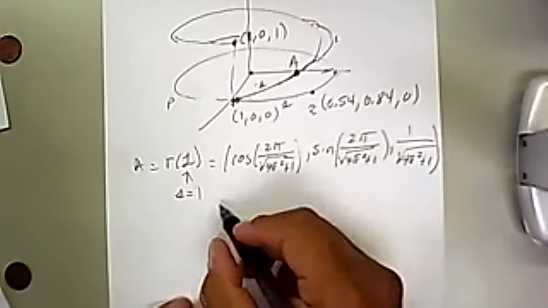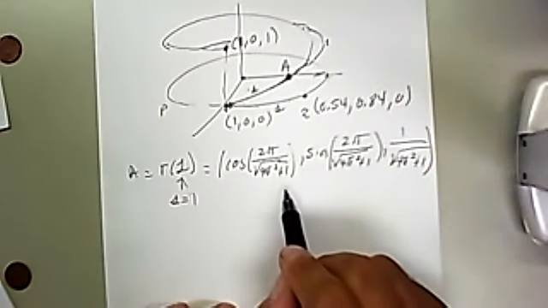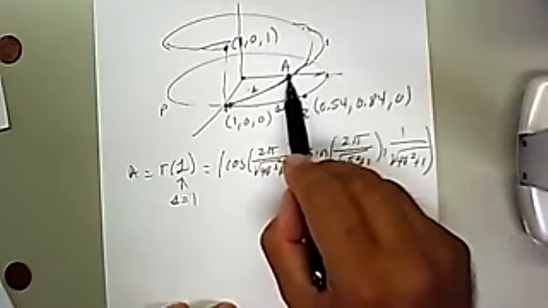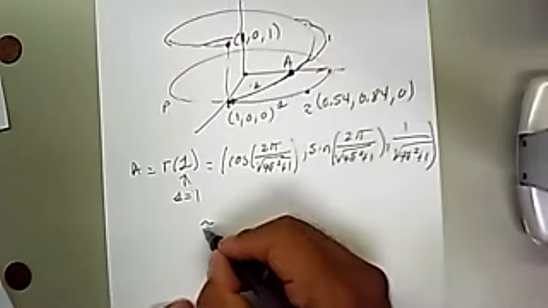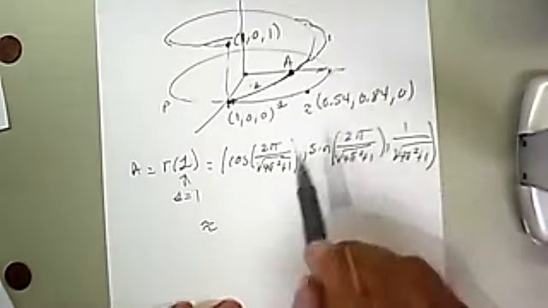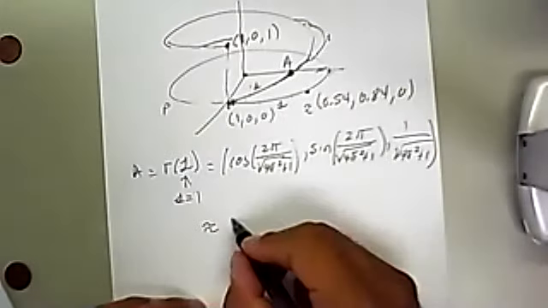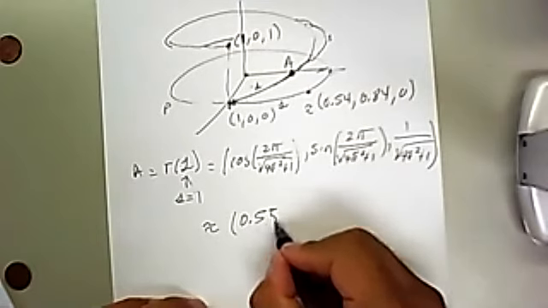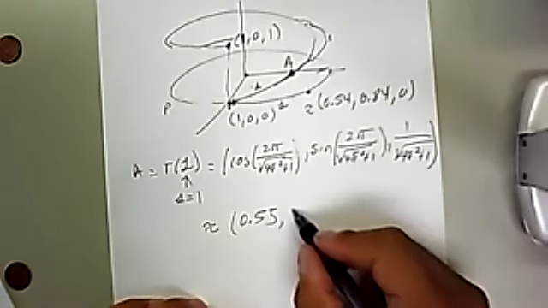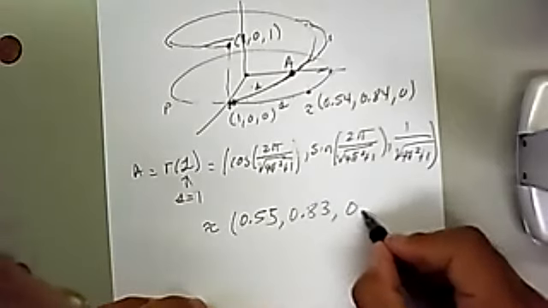All right, so this is the exact point A, but I used the calculator because I want to compare numerically. And when we use the calculator, we end up with approximately 0.55, comma, 0.83, comma, and 0.16.